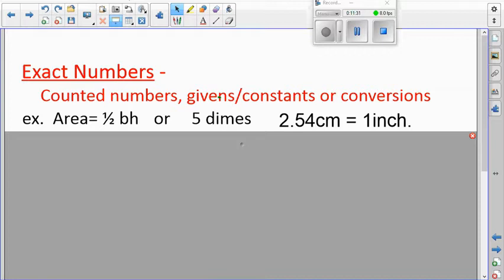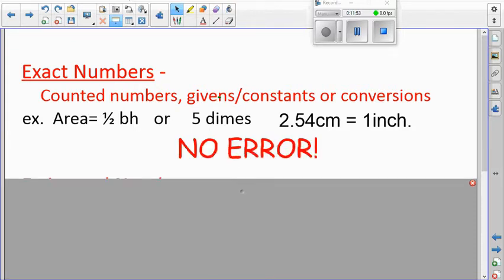Not almost 1 inch, not about 1 inch, but it is exactly 1 inch. That's a conversion. 1 foot equals 12 inches. Conversion. 1 milligram equals 0.001 grams. That's a conversion. It's exact. There's no measuring happening. And so these have no error.